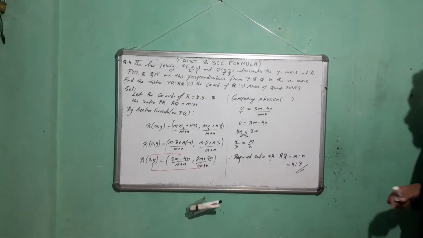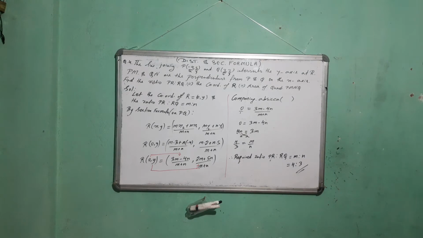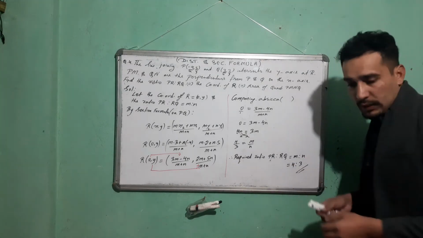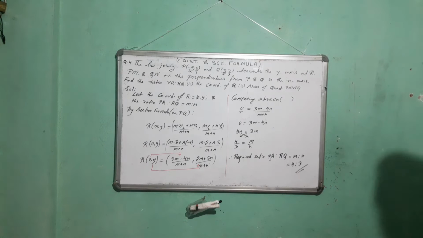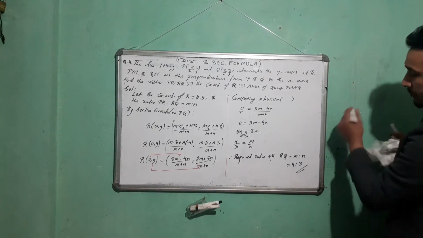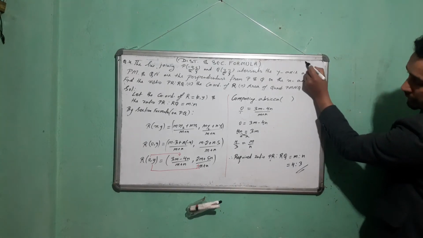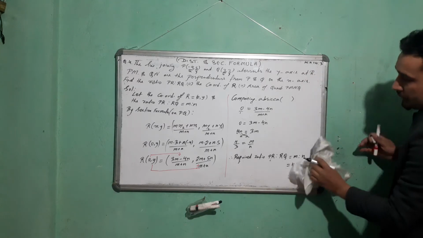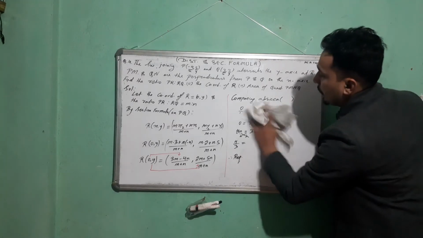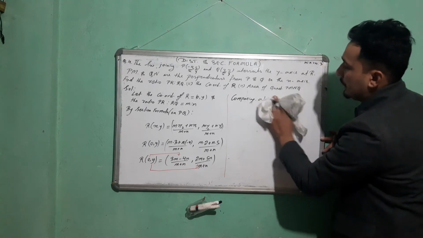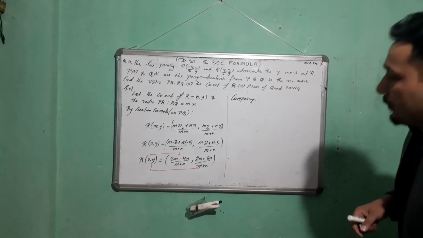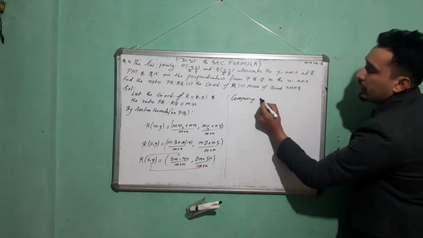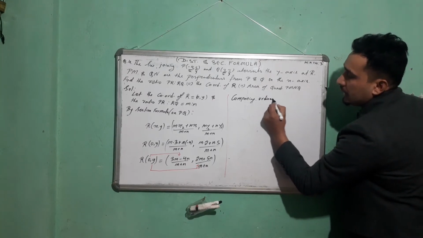Find the ratio PR is to QR. Next, coordinates of R we need to find. I'll note down this value: m is to n is 4 is to 3. Next is again comparing ordinates.